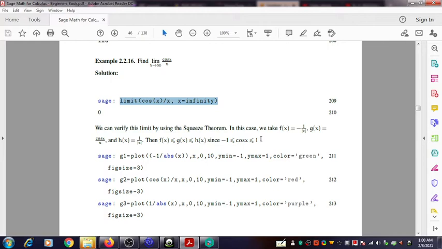There is a reason for this inequality: -1 is less than or equal to cos x, which is less than or equal to 1.